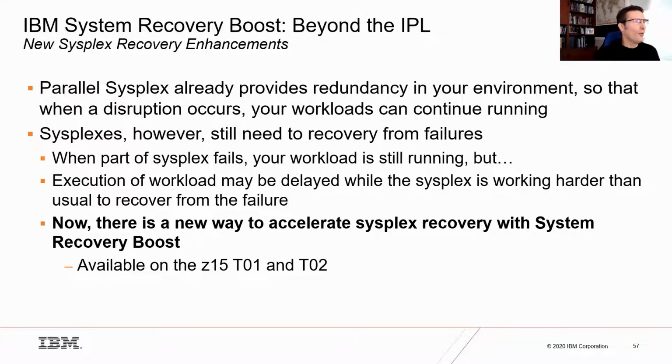You can imagine that when part of the Sysplex fails and your workload is still running, the execution of that workload may be delayed a little bit while the Sysplex is working harder than usual to recover from that failure. So now there's a way to accelerate some of these Sysplex recovery actions with System Recovery Boost. That's also available on both the T01 and T02.